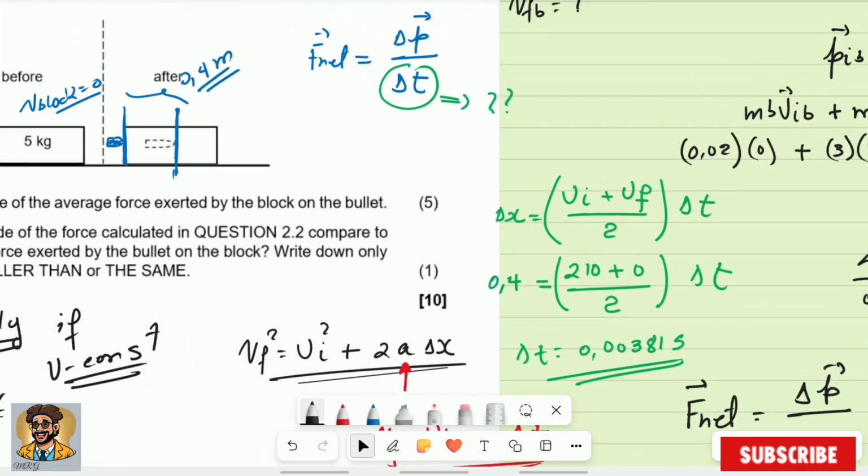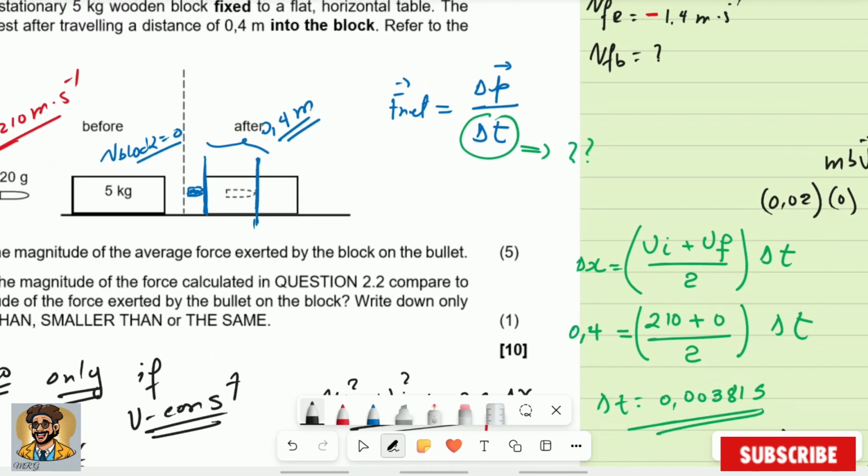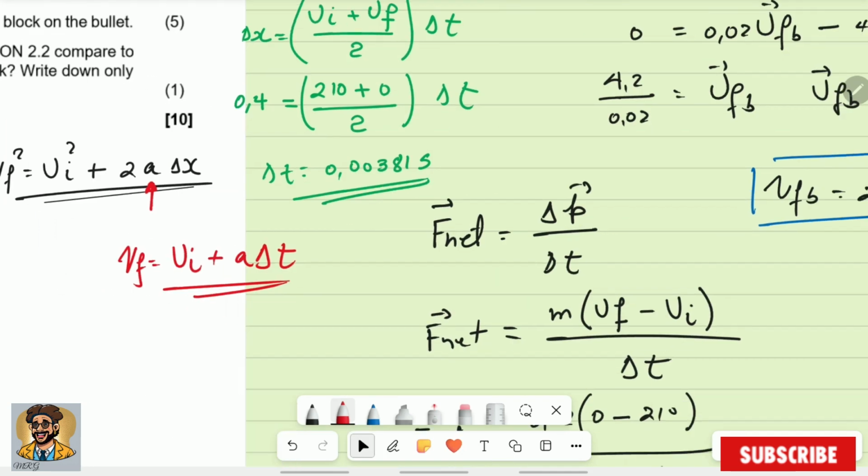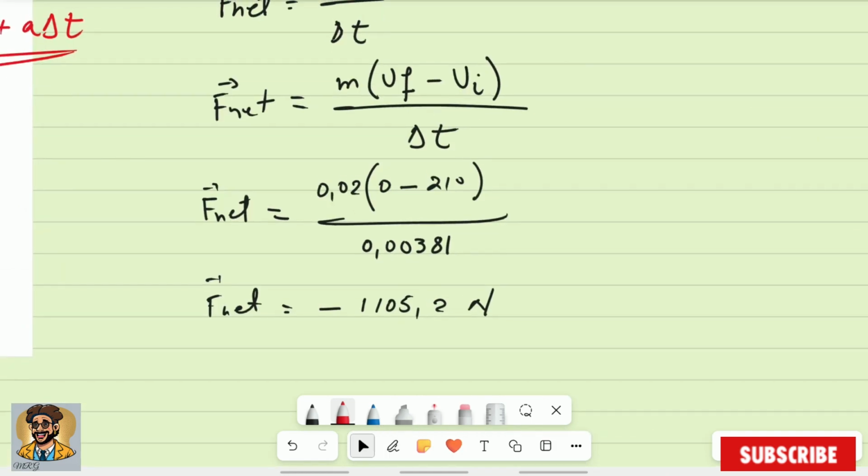If we go back here to the block, it means that the force the block exerted on the bullet was in the opposite direction of the bullet's motion. So the force was acting on the bullet in that direction. That is the force we are looking for. Do you understand?